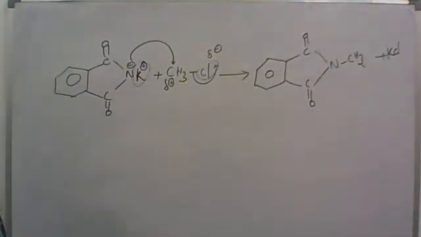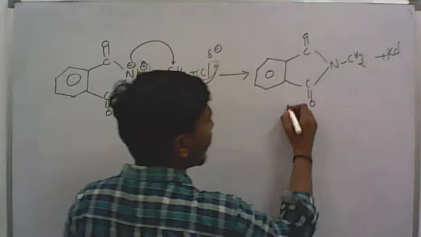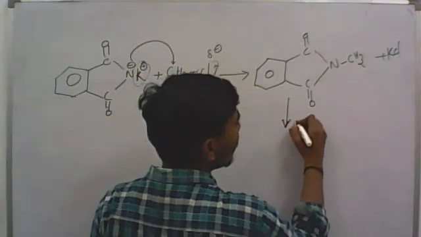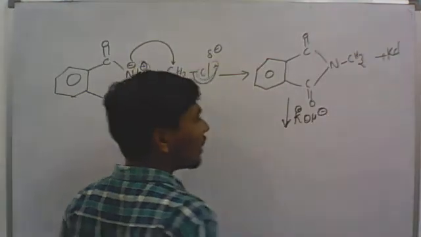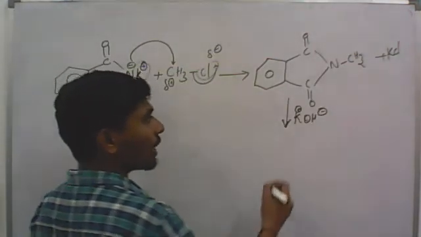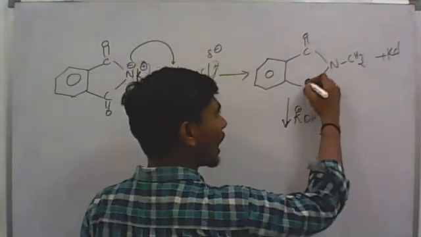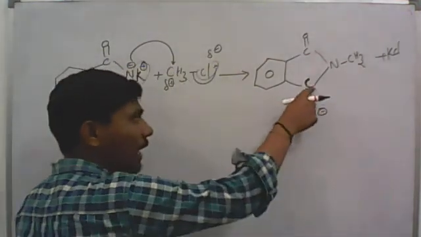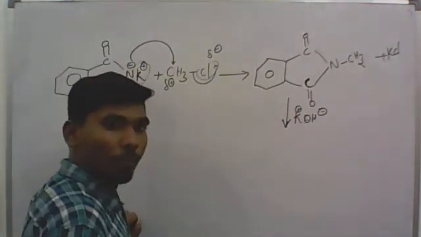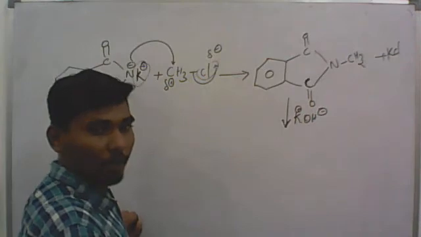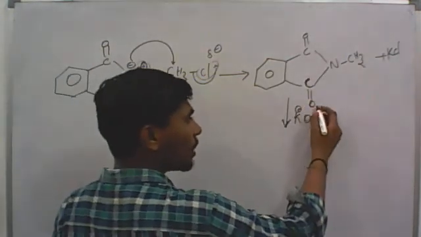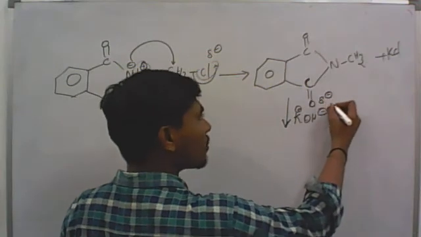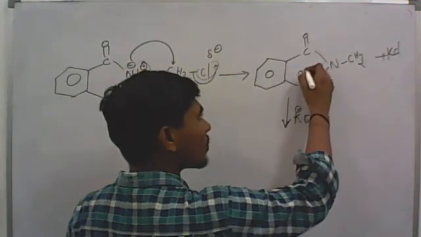Then next, attack of nucleophile. Here the nucleophile is OH minus. The nucleophile is going to attack the electron deficient carbon. Why? Because between carbon and oxygen, oxygen is more electronegative than carbon, so it withdraws the electron from the carbon. So oxygen has a partial negative charge and the carbon has a partial positive charge.